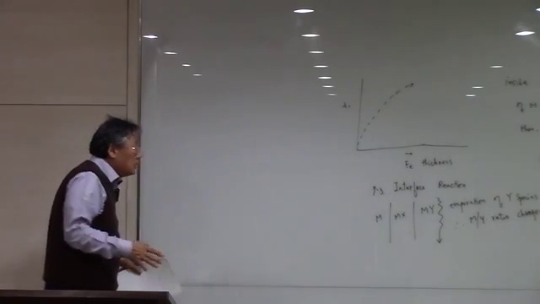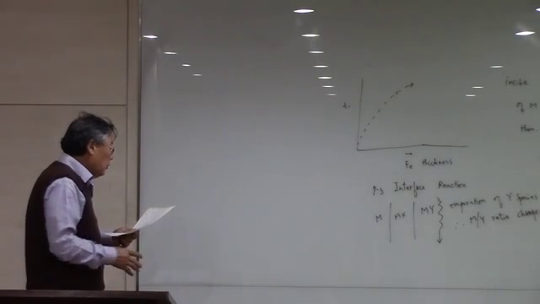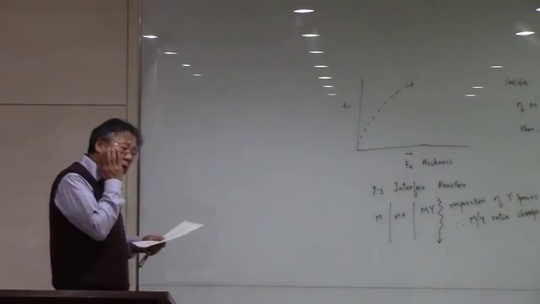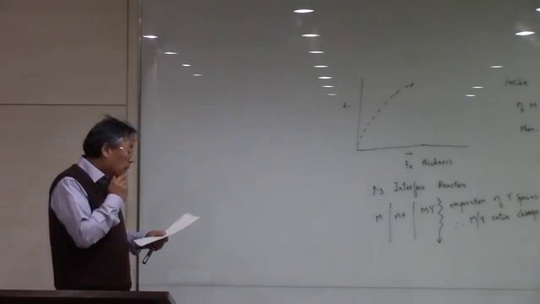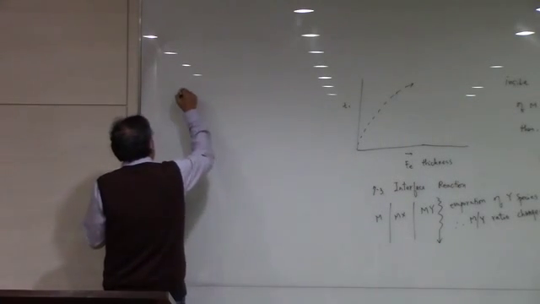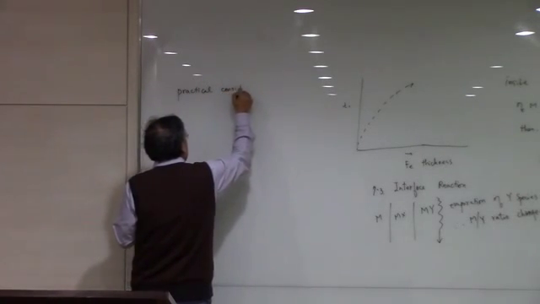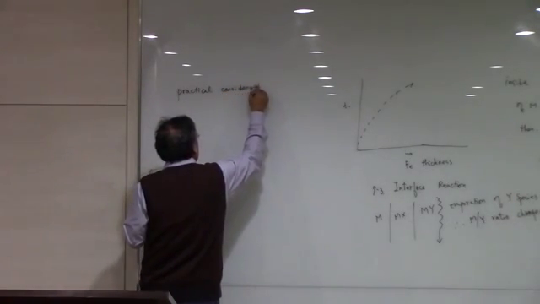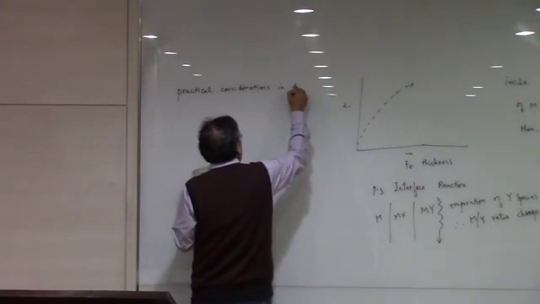Before I leave this section, leave this chapter, let me just introduce what we have to think in the defect equilibrium diagrams. Okay? Say practical considerations. Practical consideration. And defect equilibria.